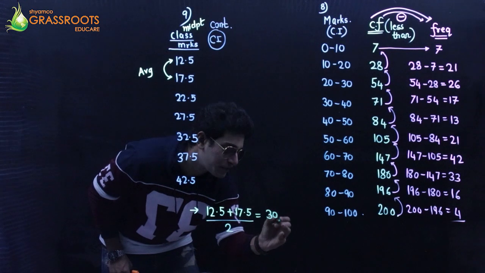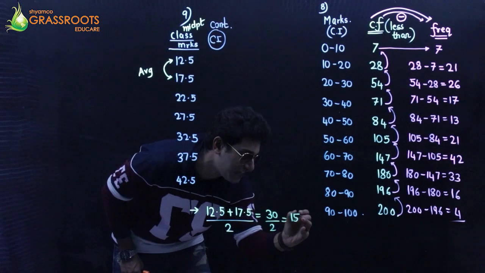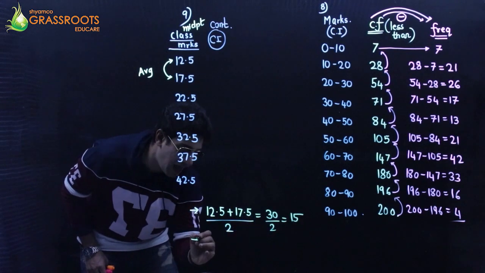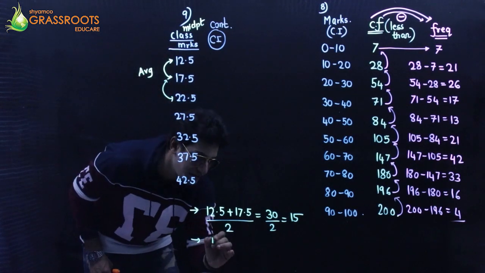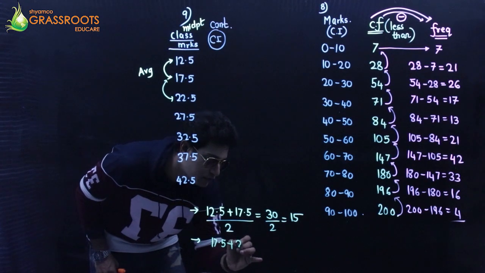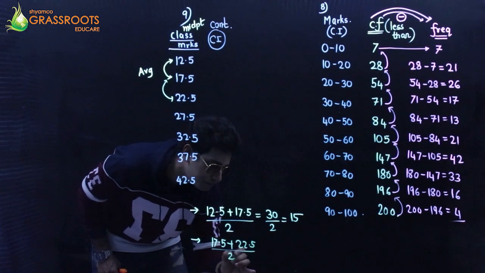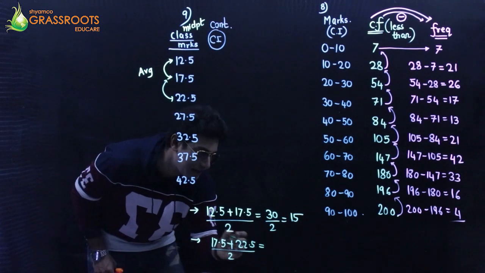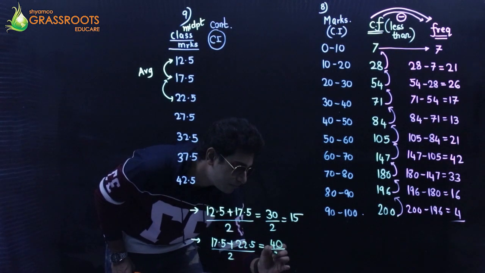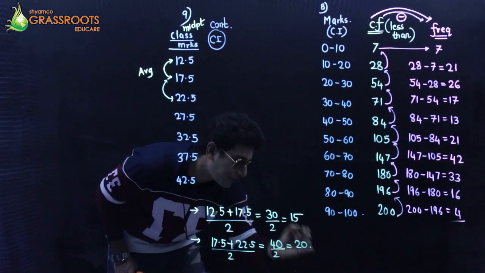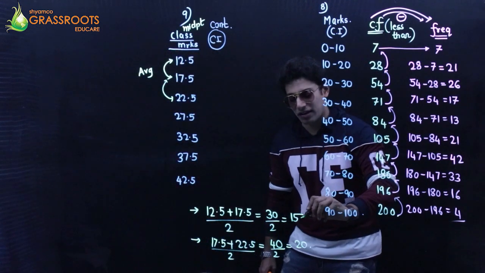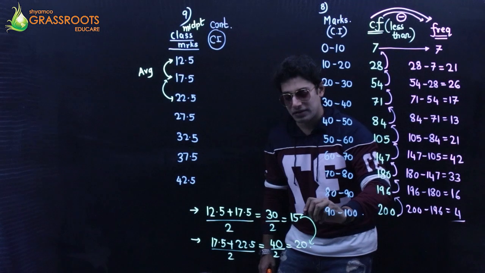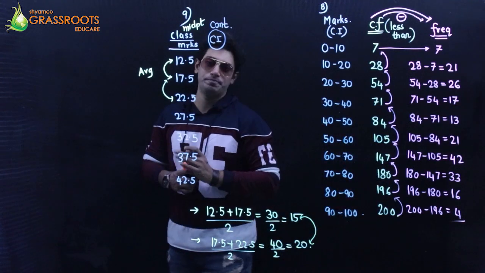The answer is going to be 30 upon 2, which is 15. Next, average of these two. 17.5 plus 22.5 upon 2. Now that makes it 40 upon 2. That makes it 20. That means, can I say that the class interval size is 5.